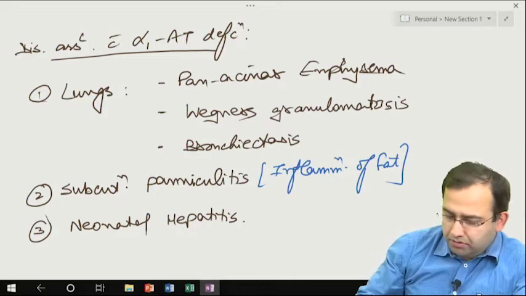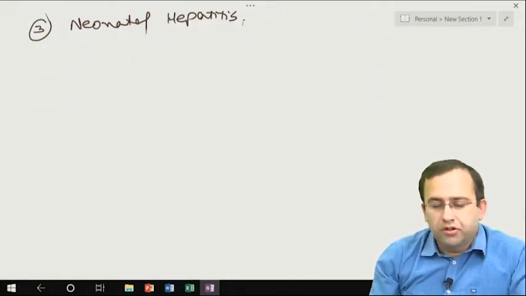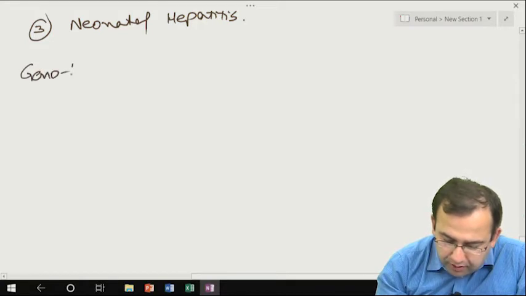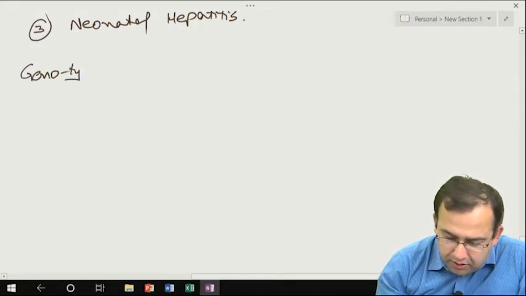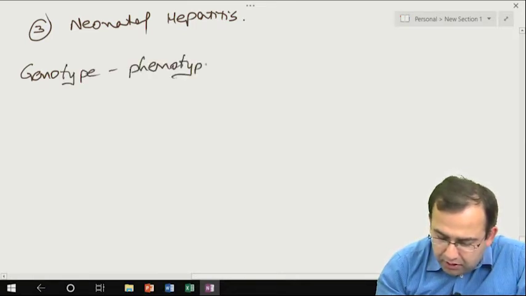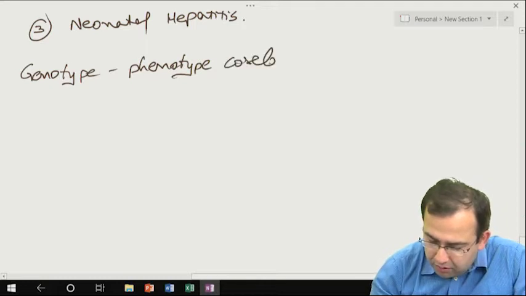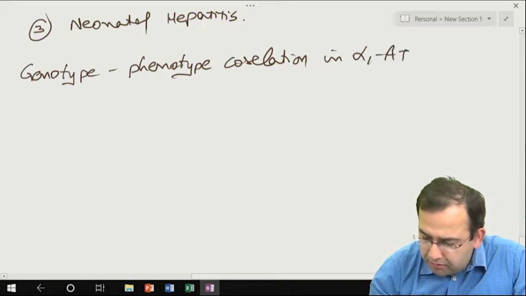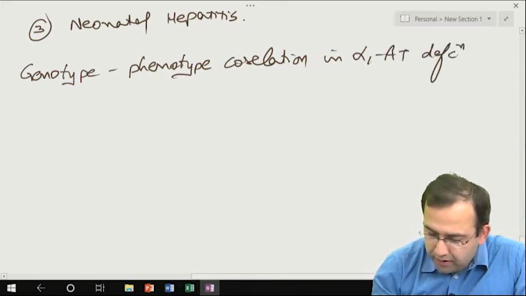Next point. This gets us to genotype phenotype correlation in alpha 1 antitrypsin deficiency.